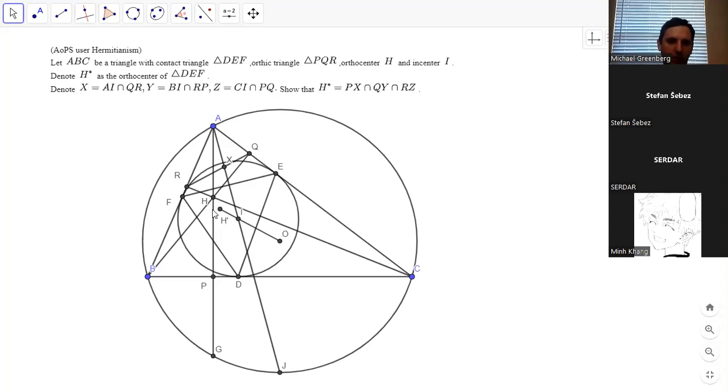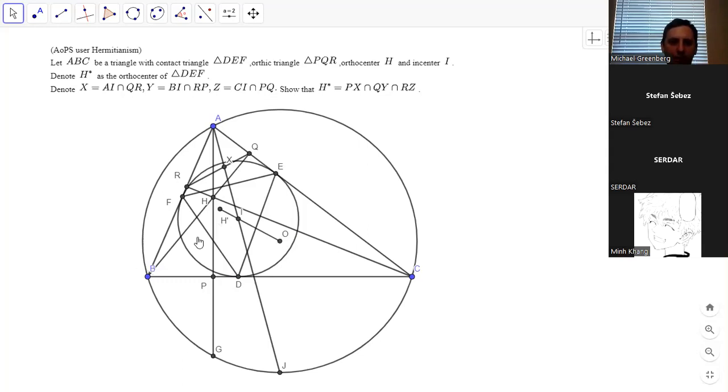But yeah, so showing these are collinear, is that like a homothety about I or something? Inversion. I know inversion. Okay. You invert about the incircle, and then the circumcircle goes to the nine-point circle of DEF. Okay.